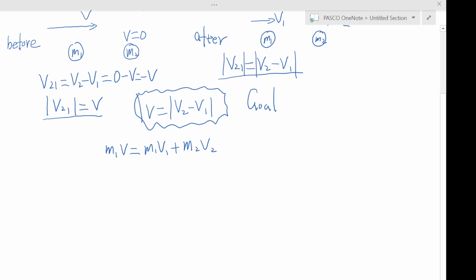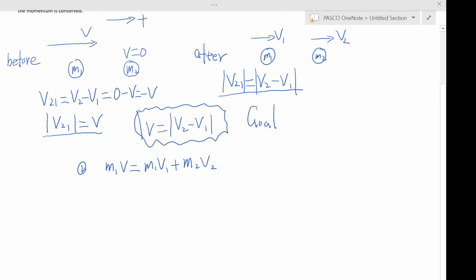This is my first equation. Second equation, the kinetic energy is also conserved, right, during this elastic collision. Kinetic energy before is a half m1 v squared equals kinetic energy after, a half m1 v1 squared plus a half m2 v2 squared. So this is my second equation.